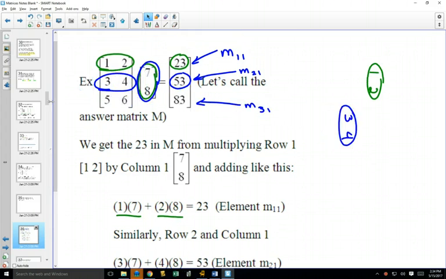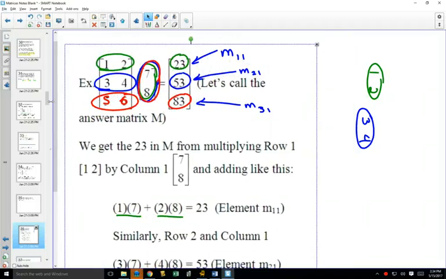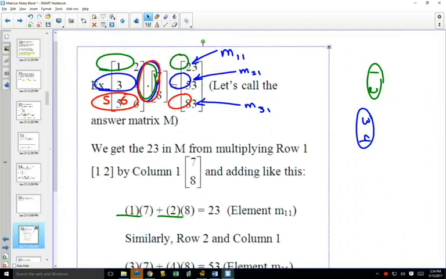And finally, if we want to get this 83, well, that comes from row 3, column 1. Slam.